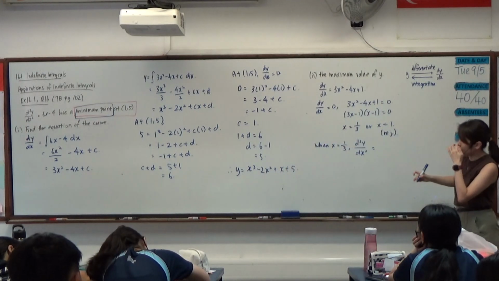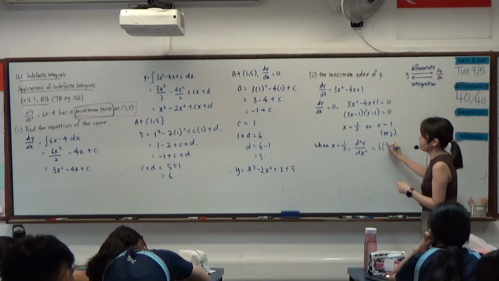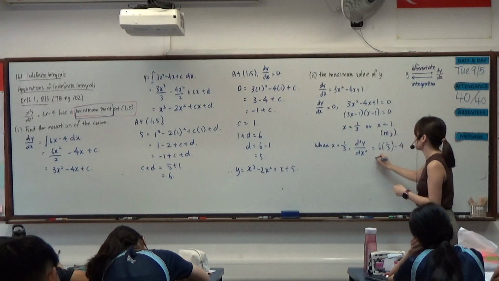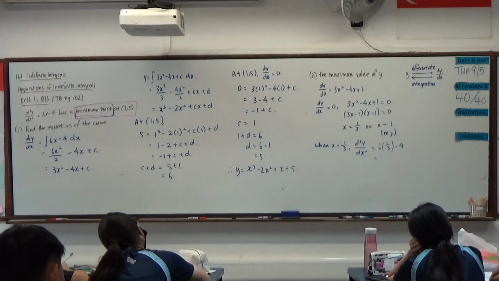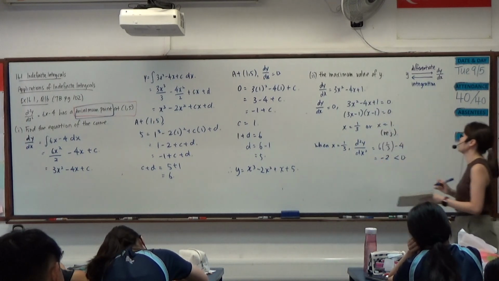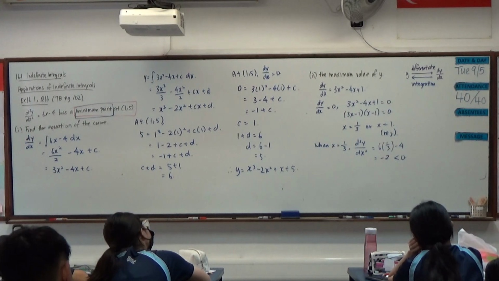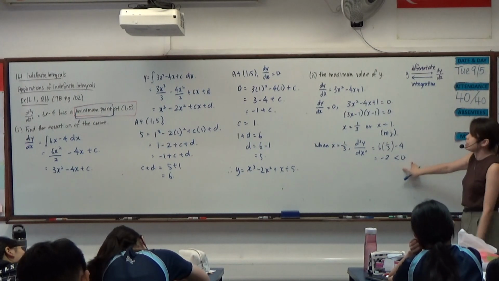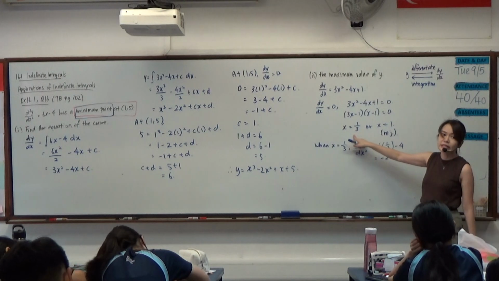Your second derivative is already given in the question. By replacing the x with 1/3, we find that it will be a negative value, of negative 2. Hence, it is a maximum at x equals 1/3.